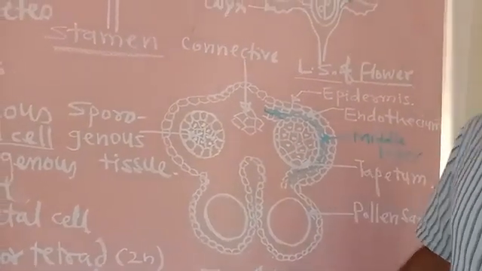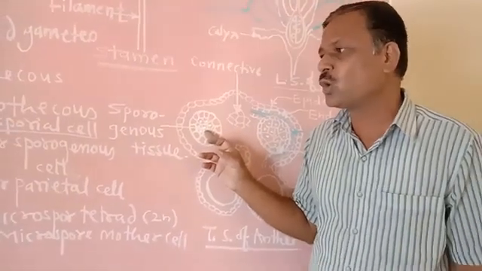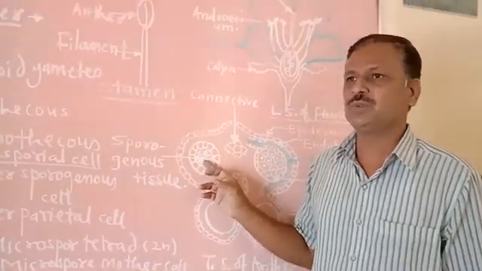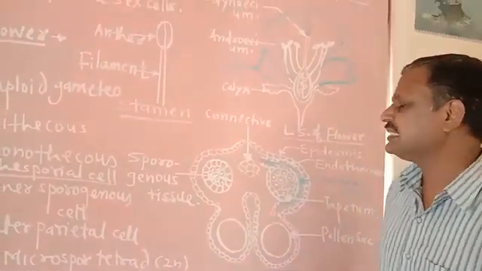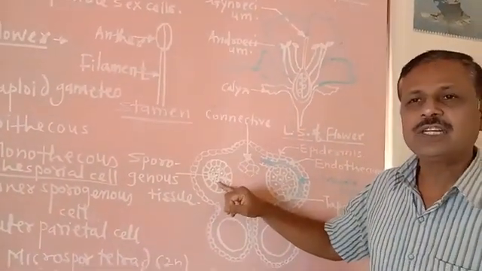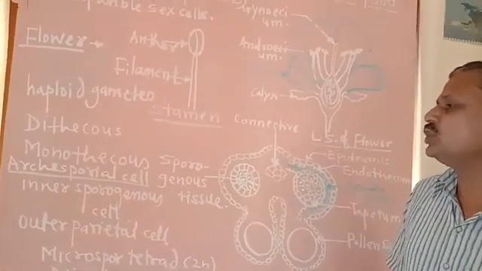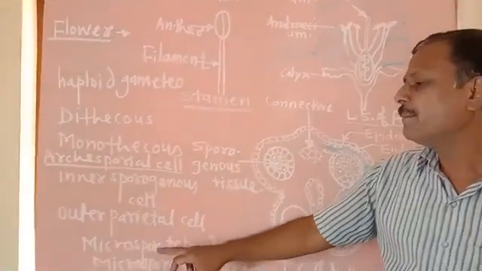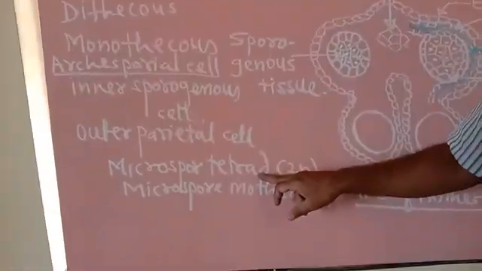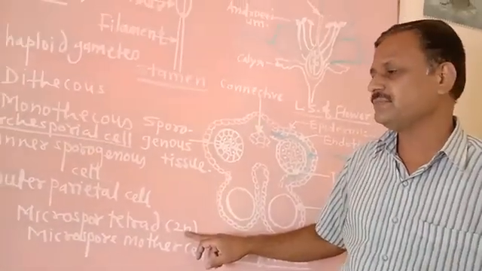Each cell of this sporogenous tissue is capable of producing a microspore mother cell, which is always diploid.